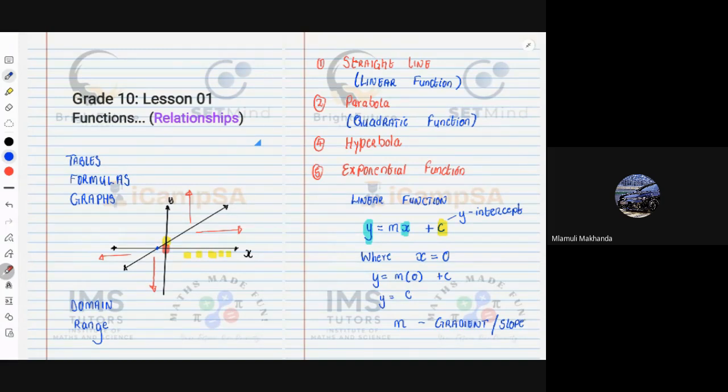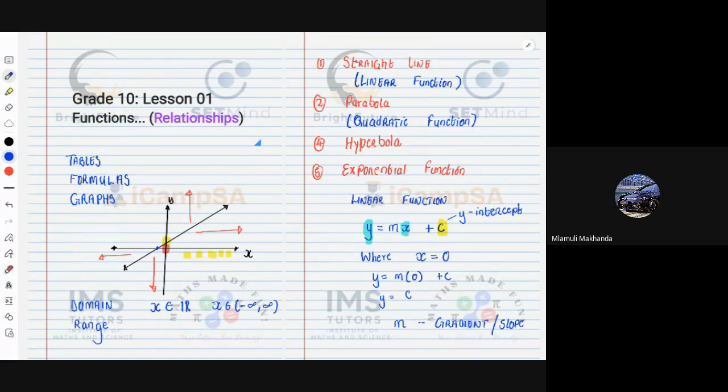The way we represent that, we can say X is the element of real numbers, or we can simply say X is the element of round brackets, since we are dealing with negative infinity up until positive infinity. So this is the domain for this straight line graph or straight line function.